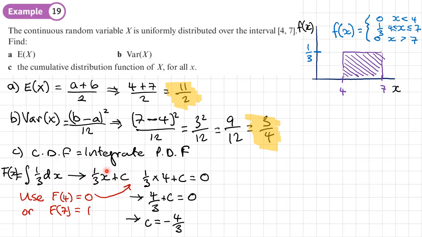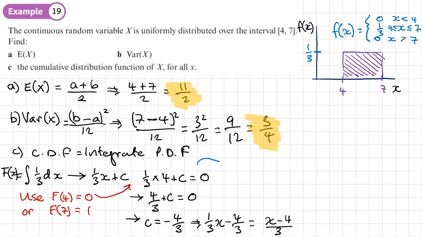So substituting that into here, that will give me 1/3 x minus 4/3, which we can write as x minus 4 over 3. We can also use the formula to do this.